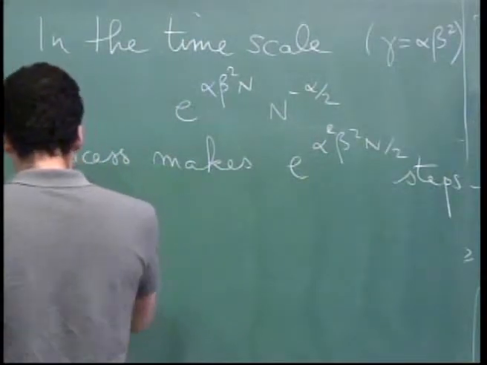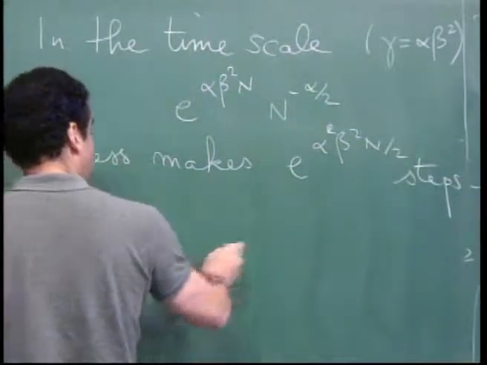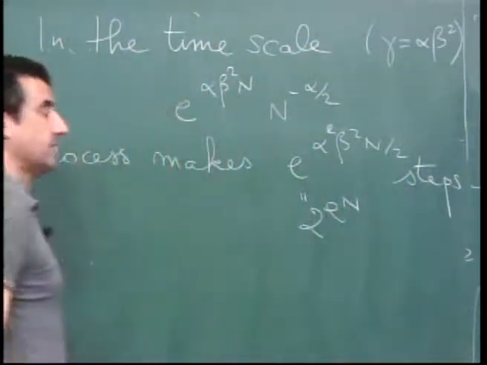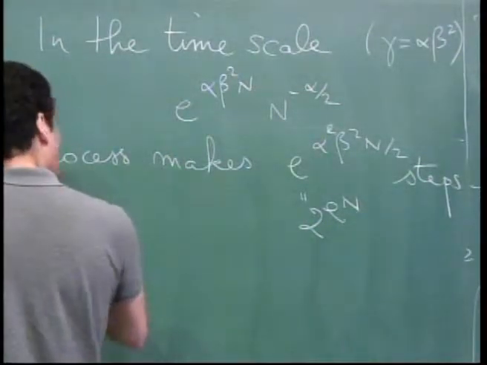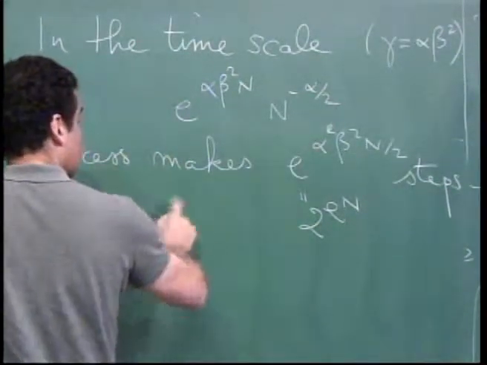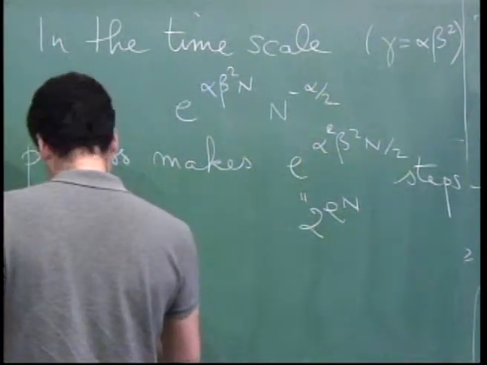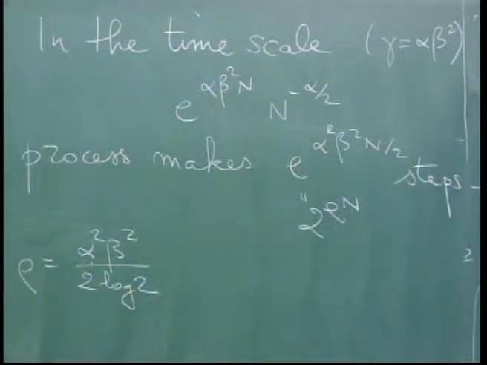And it explores, so this you can write as, I will write it as 2 to the rho n. Right? And so rho, if you look at this, rho is simply alpha square beta square over 2 log 2, because here I put the power 2 and here I had e. Rho is this, right?